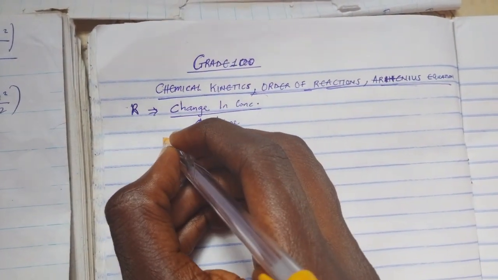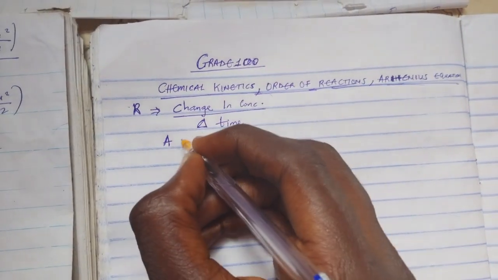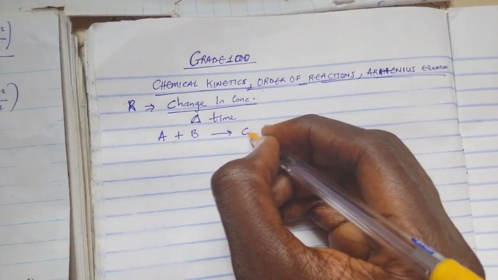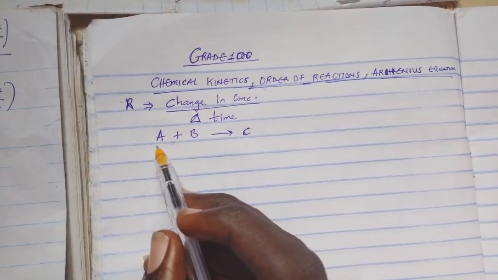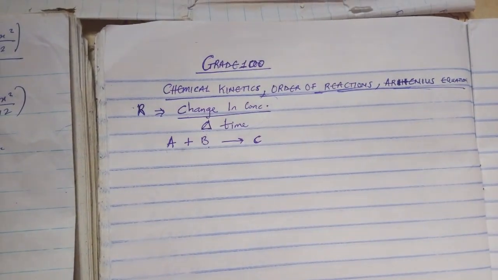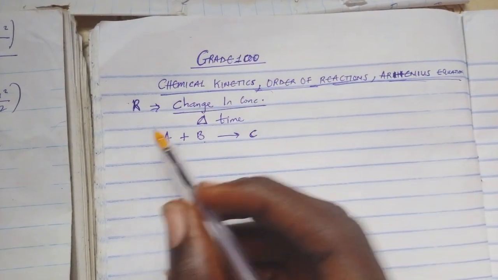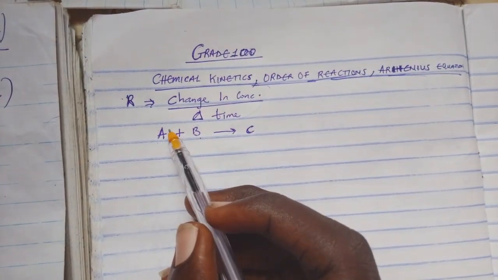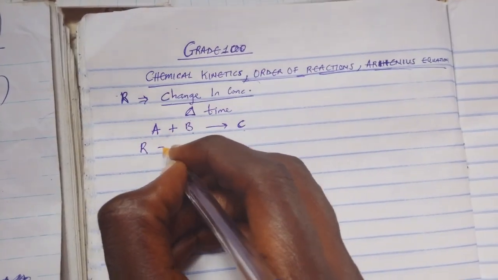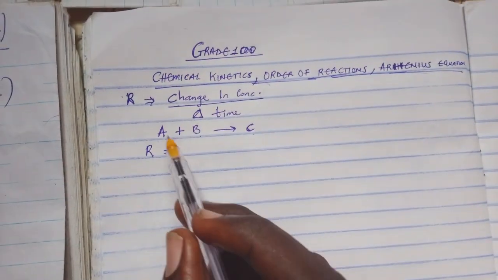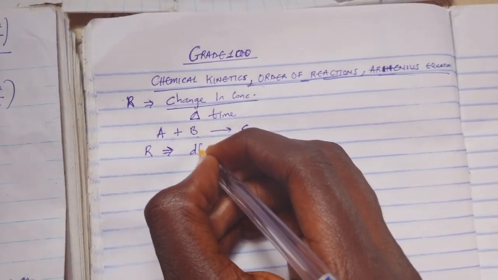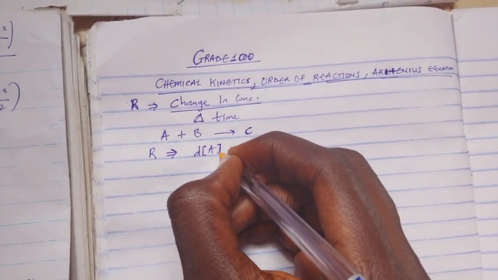Now, if we have a reactant A plus B forms C, that is, reactant A reacts with B to form C, how do we write the rate at which A is disappearing and B is also disappearing to form C? Using this concept, the rate at which A is disappearing is going to be d[A]/dt.